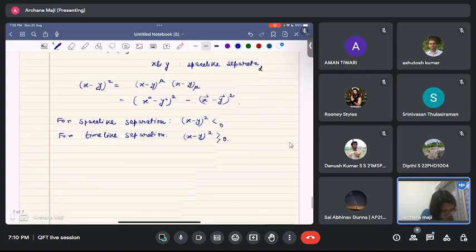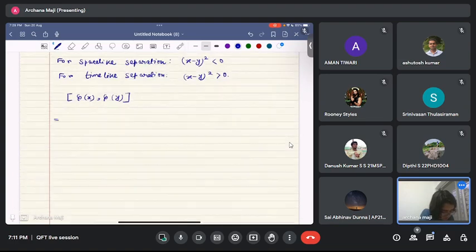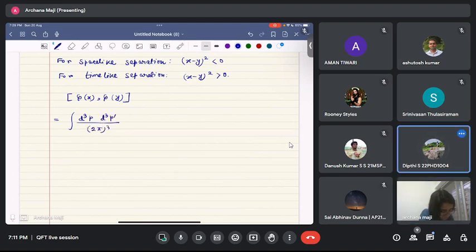Now what we wanted to compute is this commutator, phi(x), phi(y), with d3p, d3p prime.